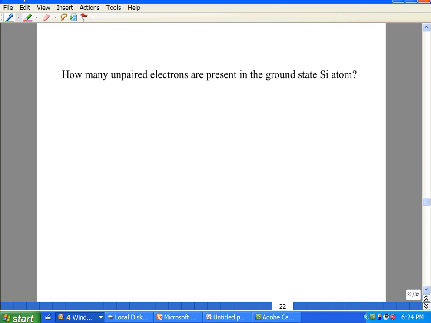But what you will do is draw the orbital diagram, and then look for how many electrons are unpaired in silicon. And if you have questions, you can come in and check with me and we can talk about it.